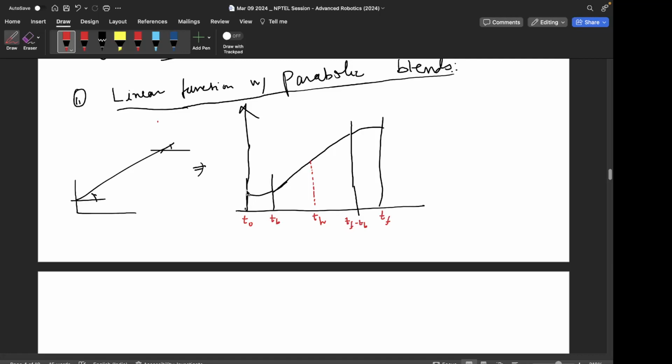And corresponding to each, we will mark the joint angle values: theta 0 here, here it will be theta B, here theta H, here it will be theta F minus B, and here theta F. Okay.